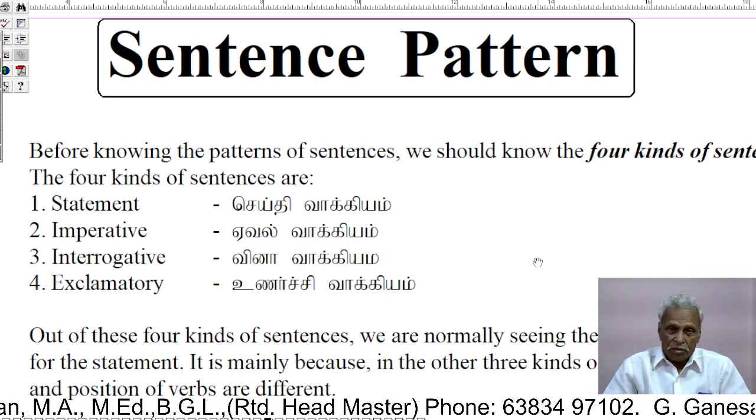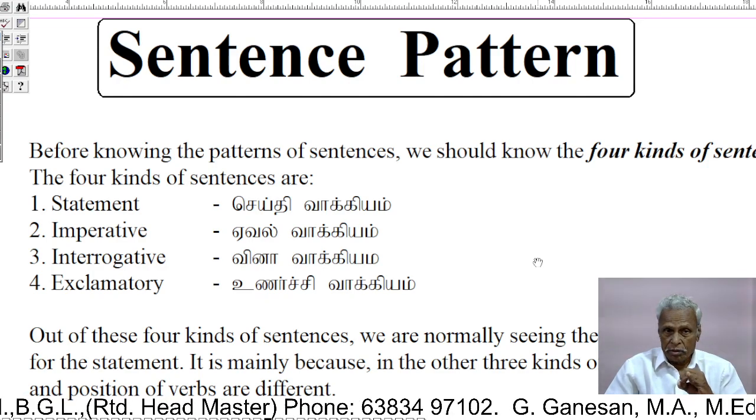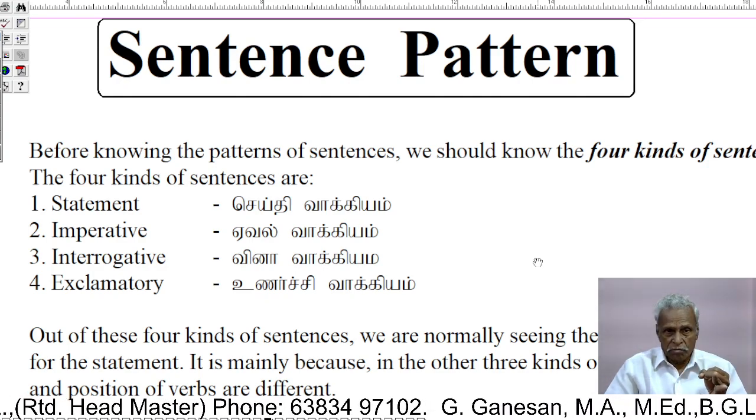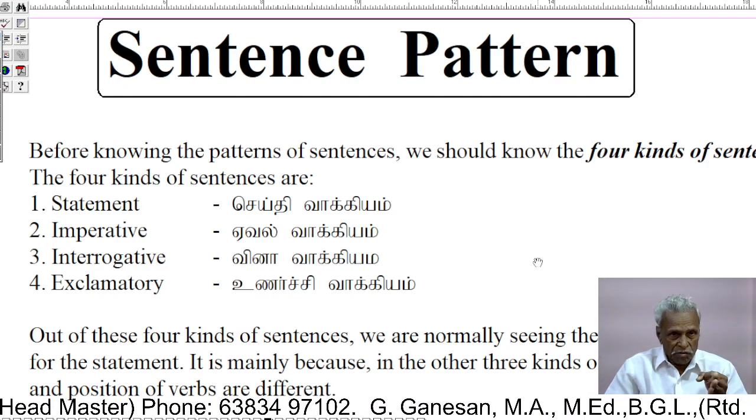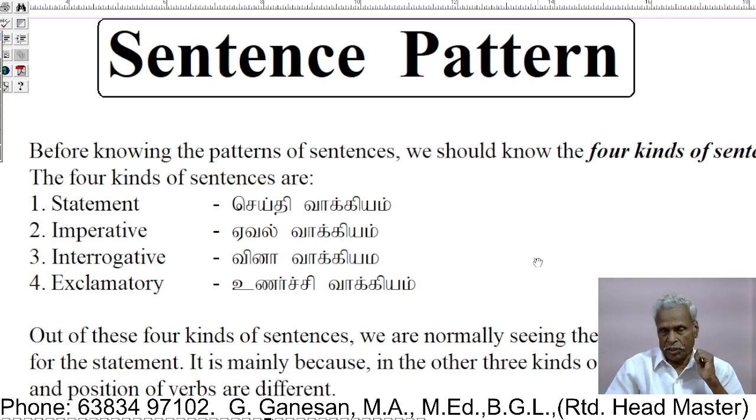In English, there are four kinds of sentences known as statement, imperative, interrogative, and exclamative.